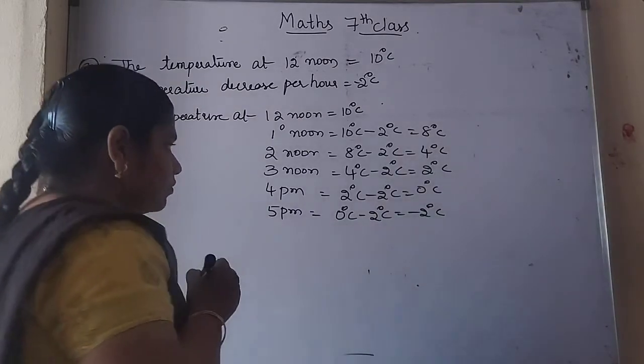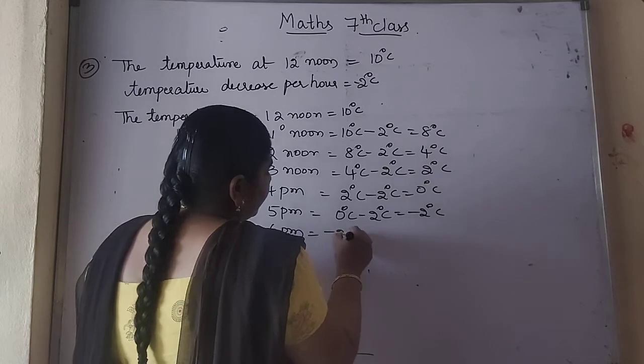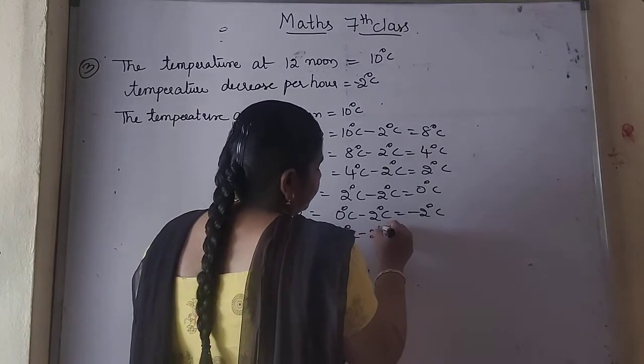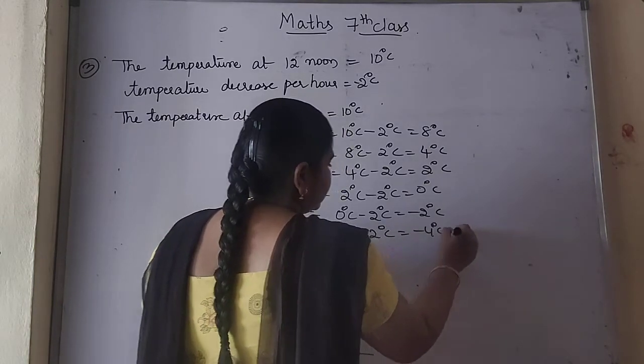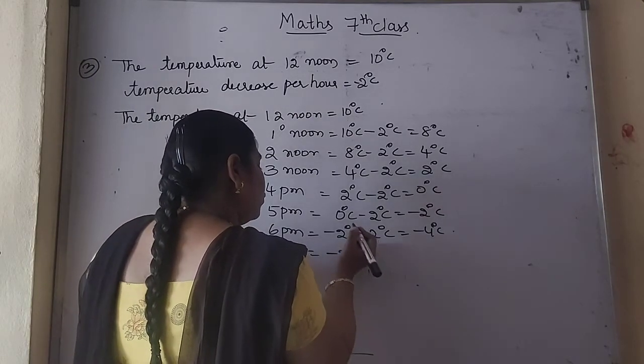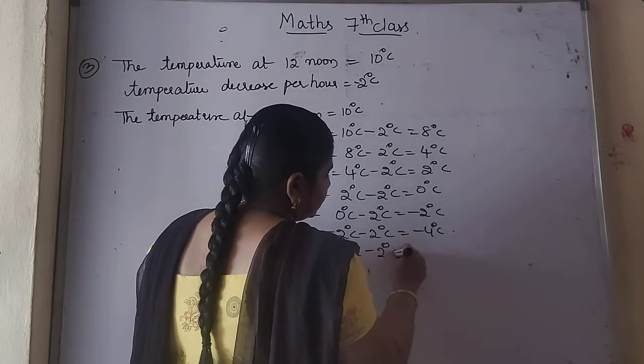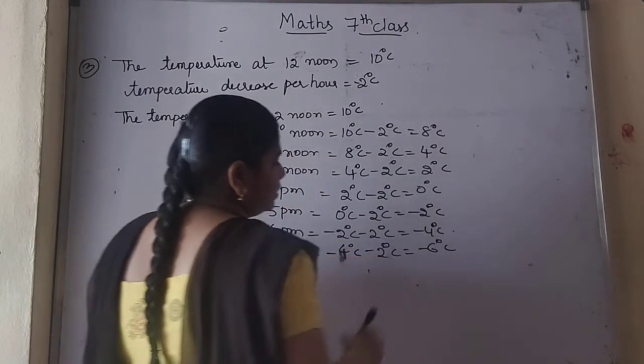Now at 6 p.m., 0 minus 2 equals minus 2 degrees Celsius. At 7 p.m., minus 2 minus 2 equals minus 4 degrees Celsius. At 8 p.m., minus 4 minus 2 equals minus 6 degrees Celsius.